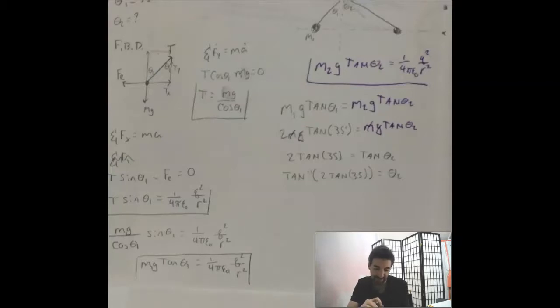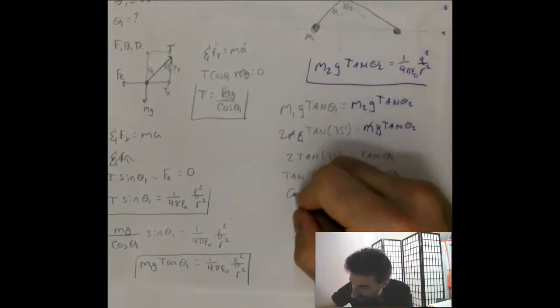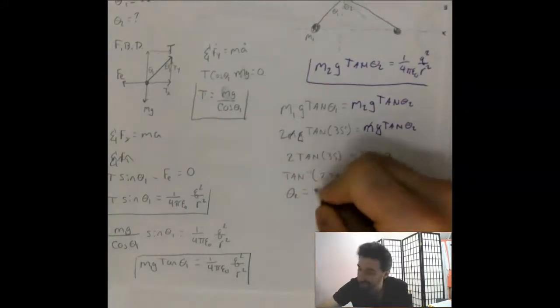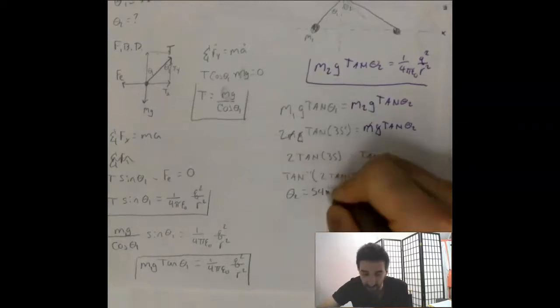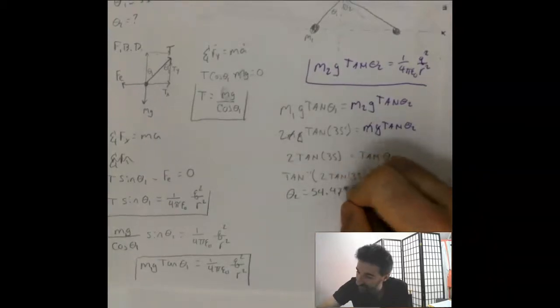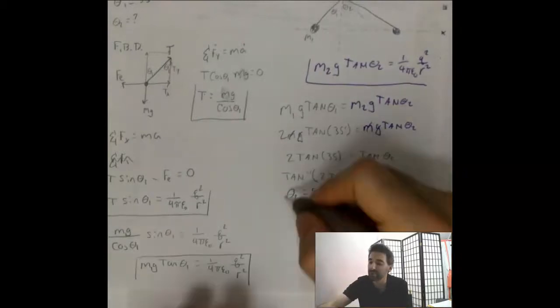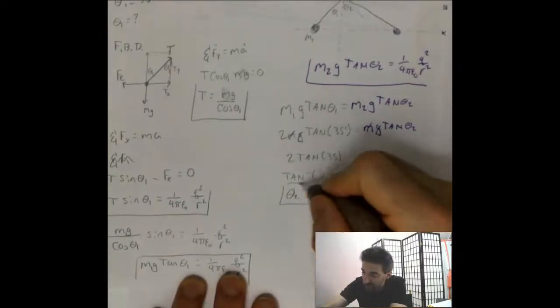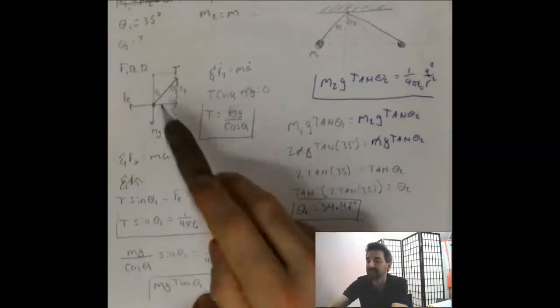I'm in radians. Nice job, Mr. Rose. And you get theta 2 to be 54.47 degrees.